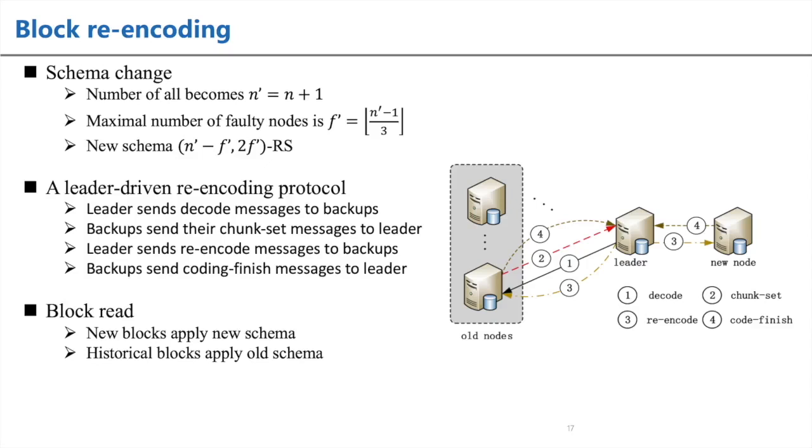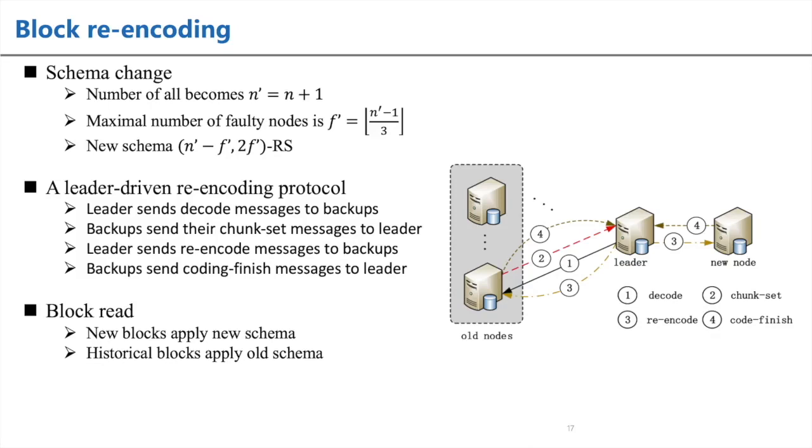First, the leader broadcasts a decode message to all the nodes to request chunks of a round. Second, each backup responds to the leader with its chunks. Third, the leader recovers all original blocks based on N-2F different chunks received from backups. Then it broadcasts a re-encode message including the blocks.